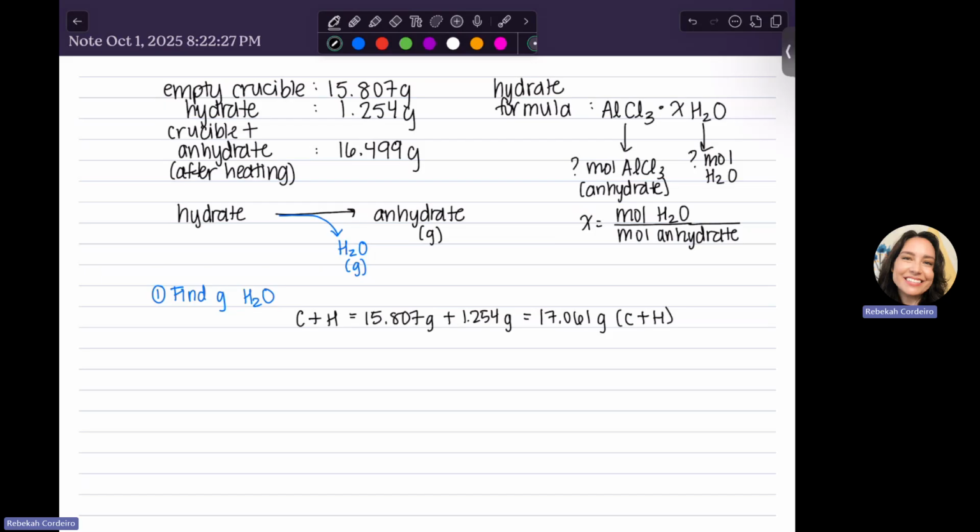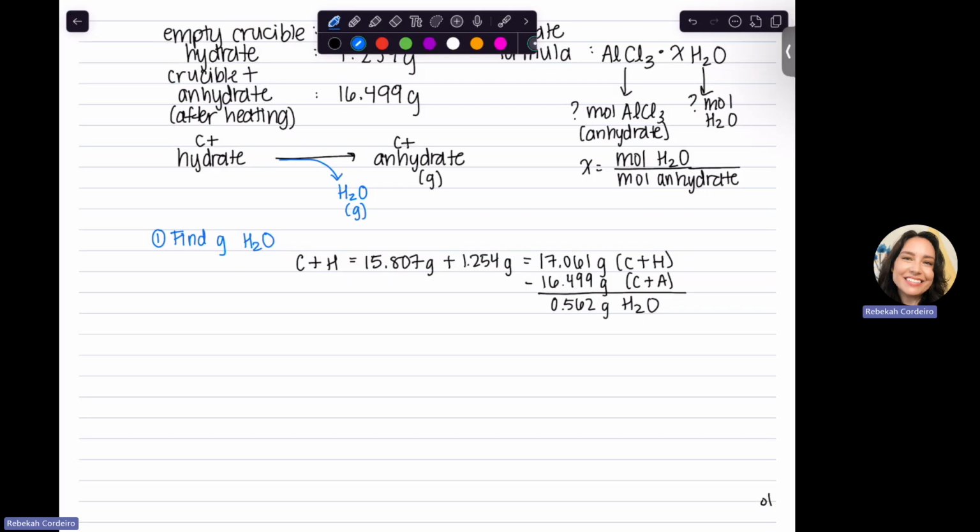And now if we have our crucible plus anhydrate, the difference in those two is going to be water, because if we have crucible plus hydrate and crucible plus anhydrate, the difference is still water. So I can subtract the crucible plus the anhydrate, which is 16.499, and that is going to give me 0.562 grams of water. So find grams of water first. Great. That's our grams of water.